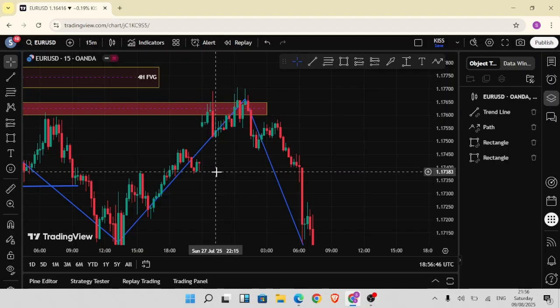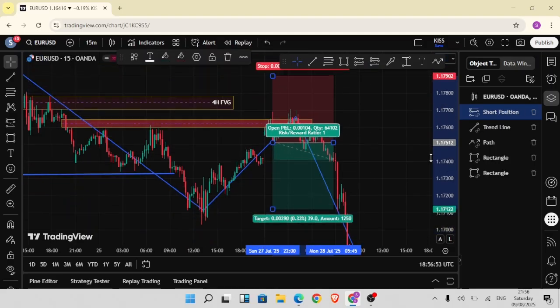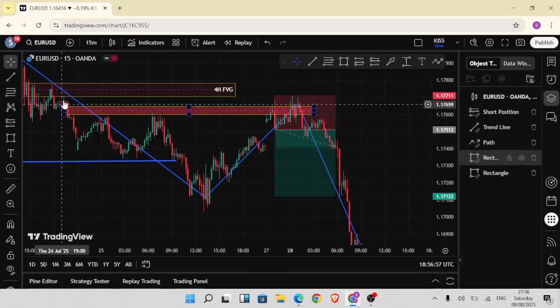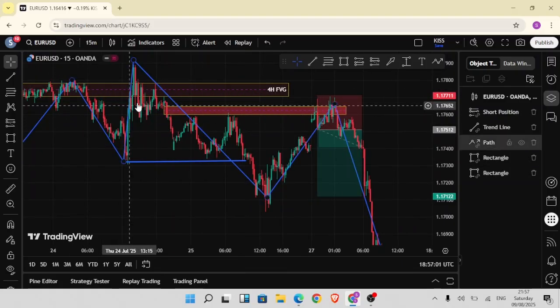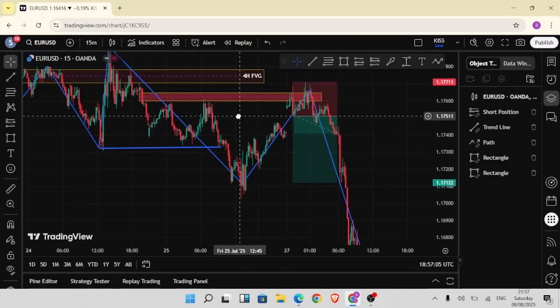Right, the moment price closes below that, you will want to get an entry at this point here, stop loss at this high and this high right here that gave us this fair value gap, right?